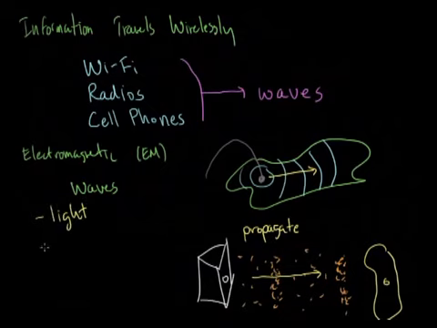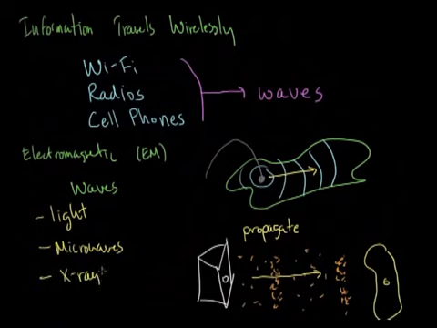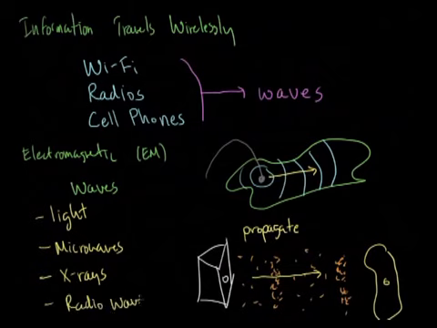So, light, for example, is an electromagnetic wave. Microwaves use electromagnetic waves to heat up food. X-rays, whenever you go to the doctor and you get an X-ray image taken, the waves that form that image are X-rays. And lastly, of course, radio waves are another special type of electromagnetic waves.